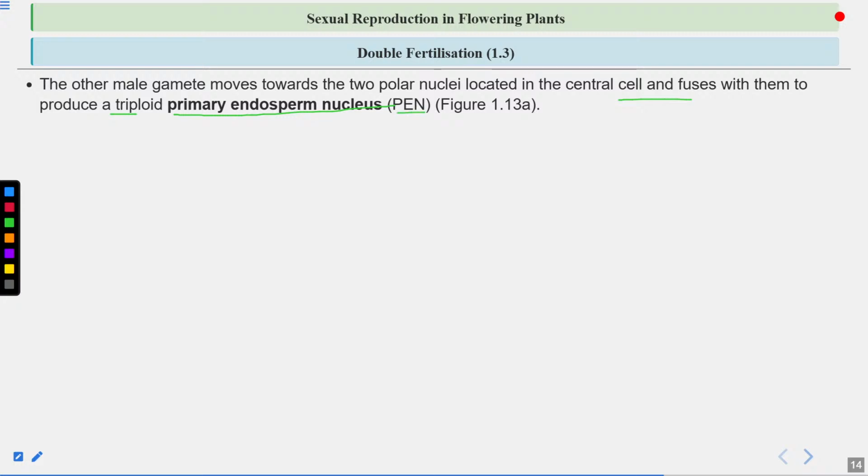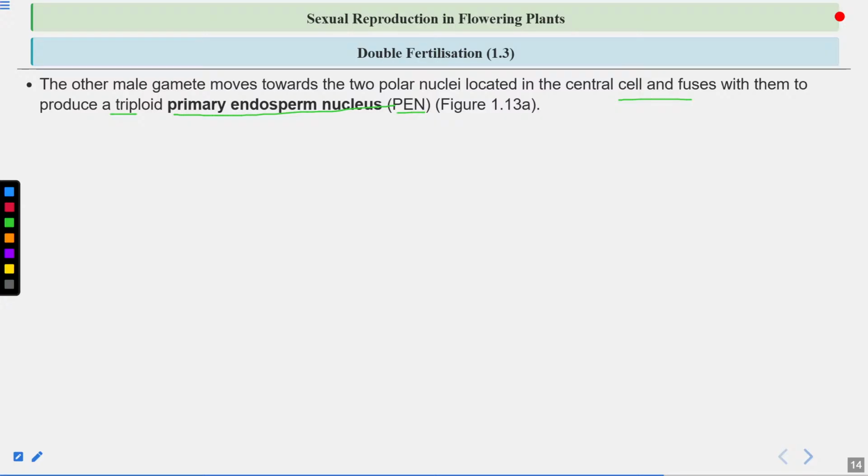Triple fusion. This is called triple fusion. And two times the male gamete and the female gamete fuse together. Two times. Okay.